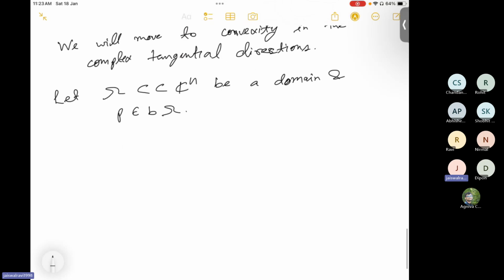So first let us recall what is the real tangent space. Say omega has a defining function rho.